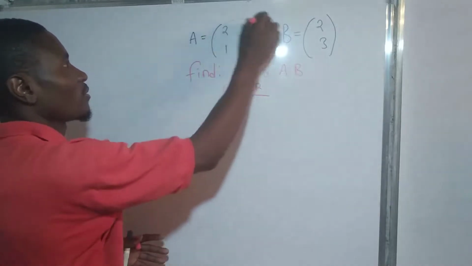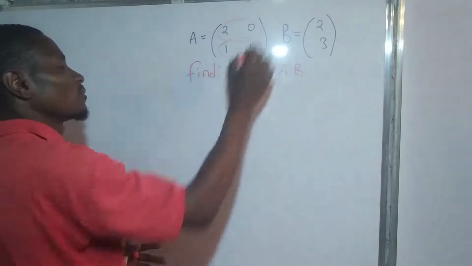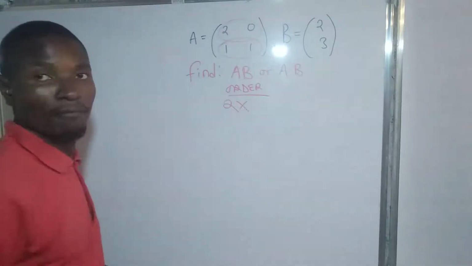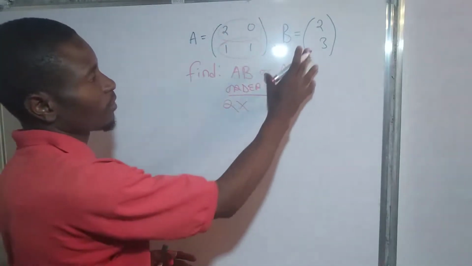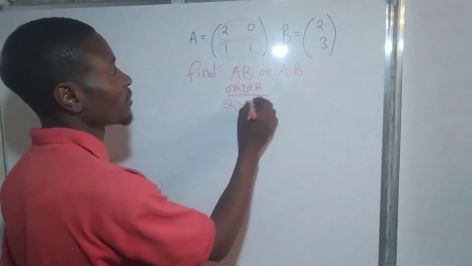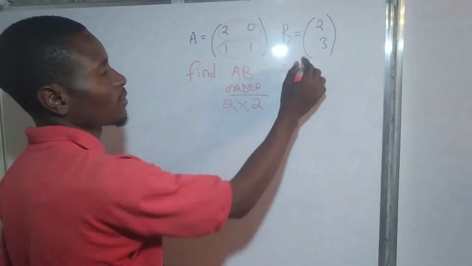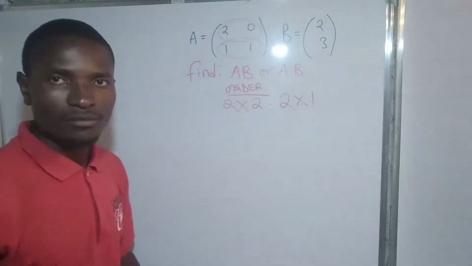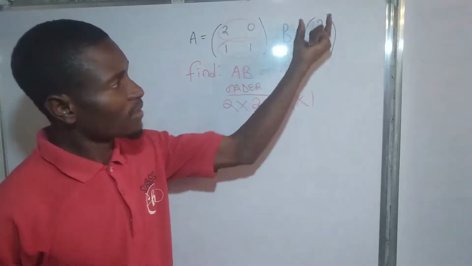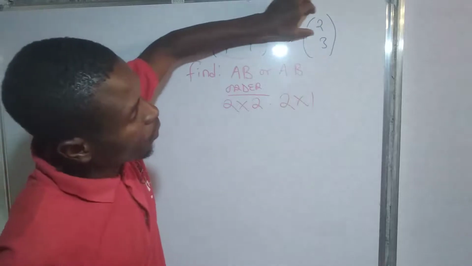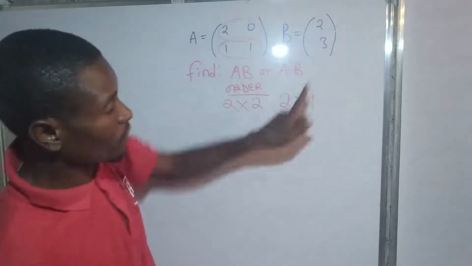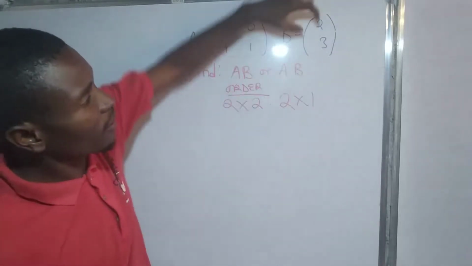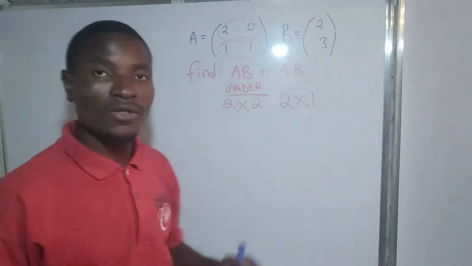So this is 1, 2, so it's 2 by 2, and then this is 2 by 1. So when you look at this one, it is 1, 2. So this is 2 and then 1.